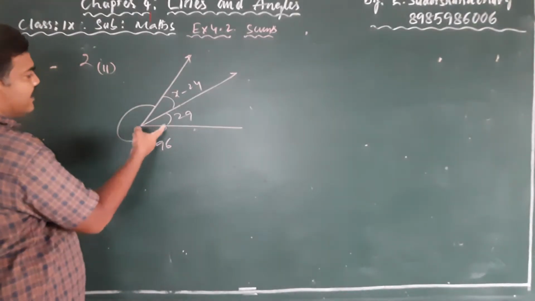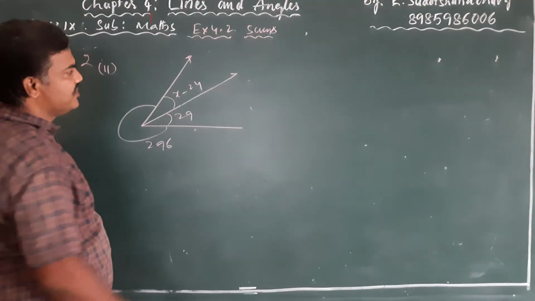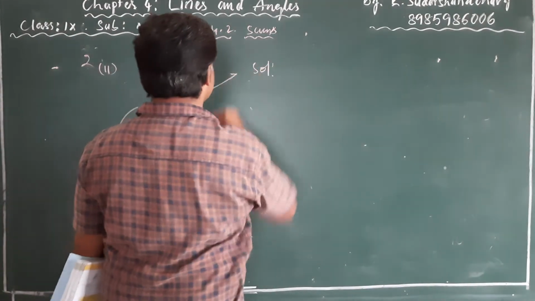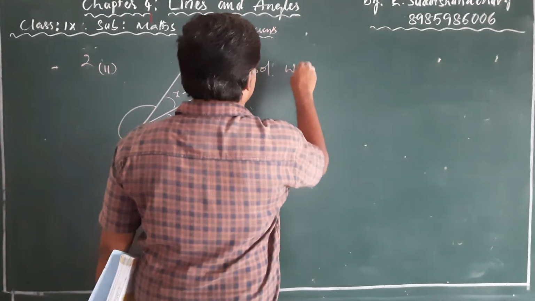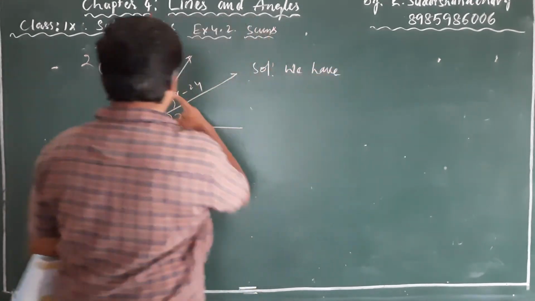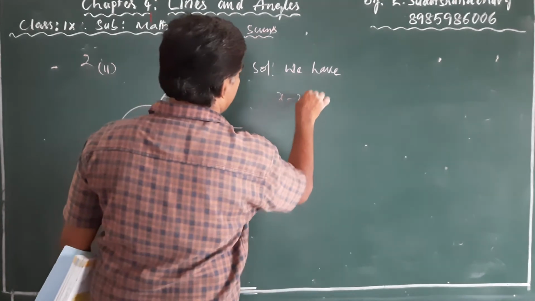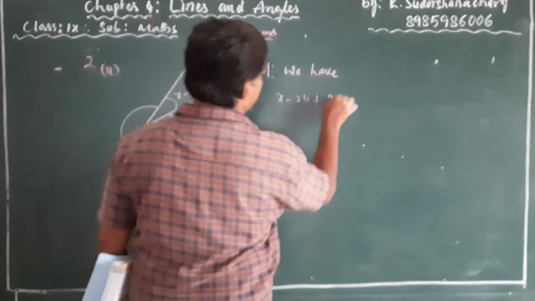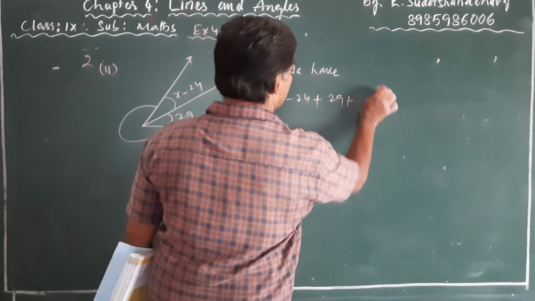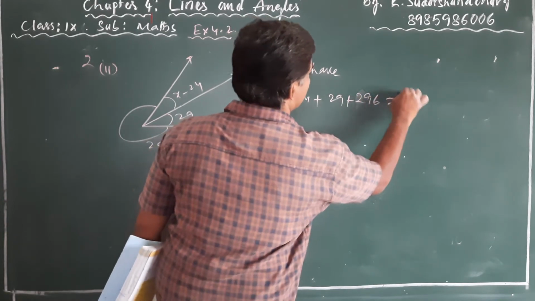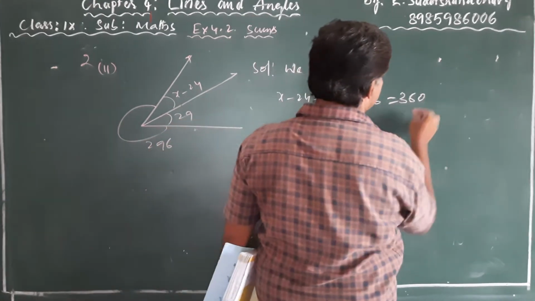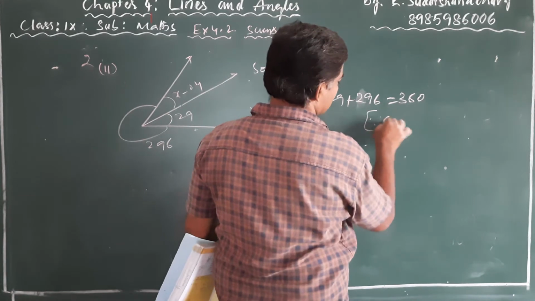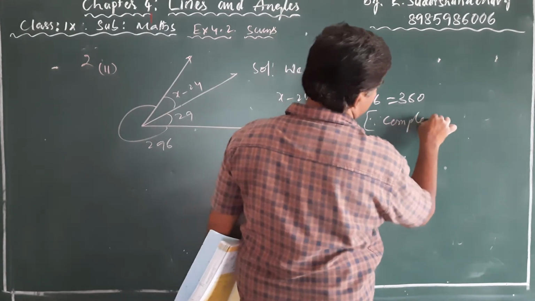So from observation, what we get here is this complete angle, the sum of all angles, that is 360 degrees. So we have x minus 24 plus 29 plus 296 is equal to 360 because it is a complete angle.